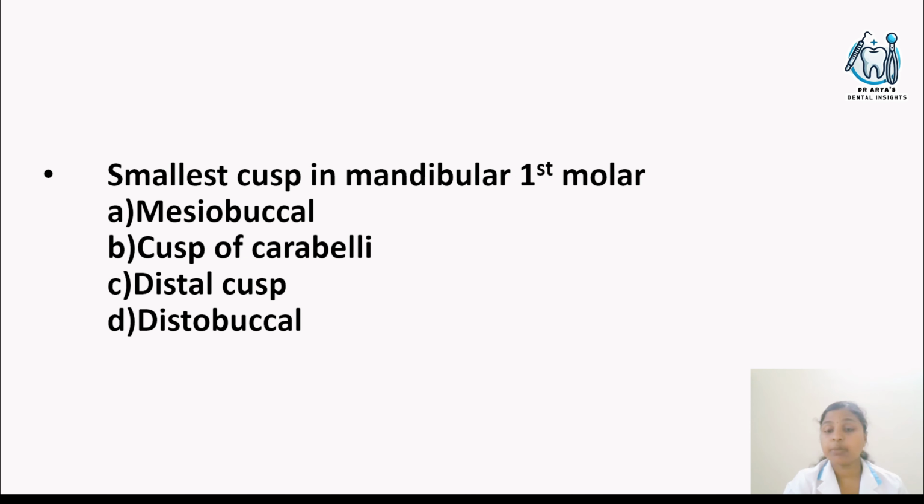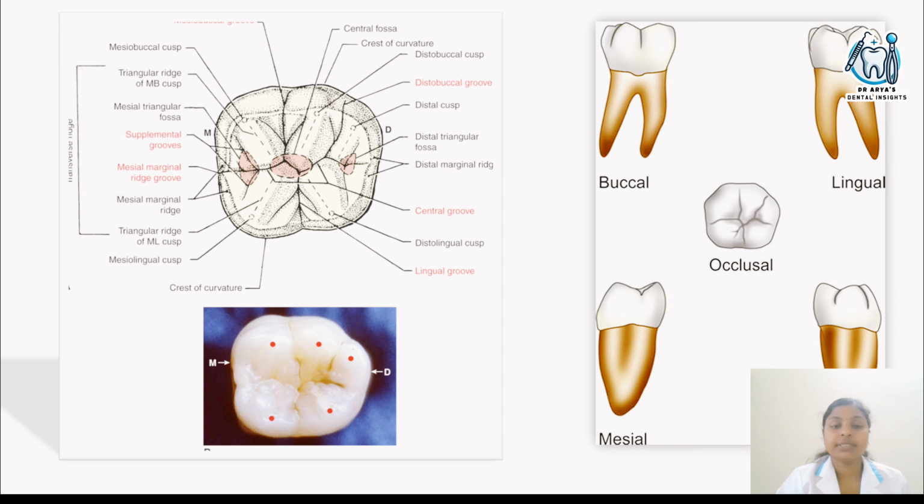Smallest cusp in mandibular first molar: is it mesiobuccal, or cusp of Carabelli, or distal cusp, or distobuccal? So the permanent mandibular first molar shows five cusps. Which are they? This is the mesial side and this is the distal side. So mesiobuccal is the largest and longest cusp, followed by mesiolingual. This is the mesiolingual, and this is the mesiobuccal.